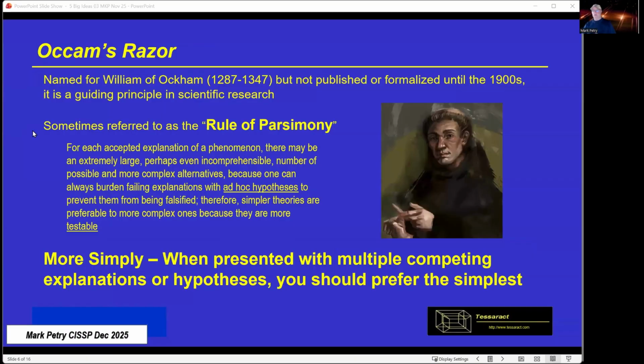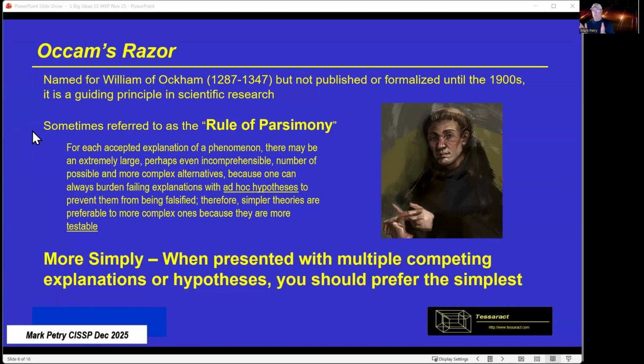Okay, moving along, let's talk about Occam's razor, named for William of Occam, who actually may have been William Shakespeare. William of Occam wrote basically the rule of parsimony, and he describes it here, but the simplest explanation is that when you have multiple possibilities, okay, again, now we're going with more than 2 branches.